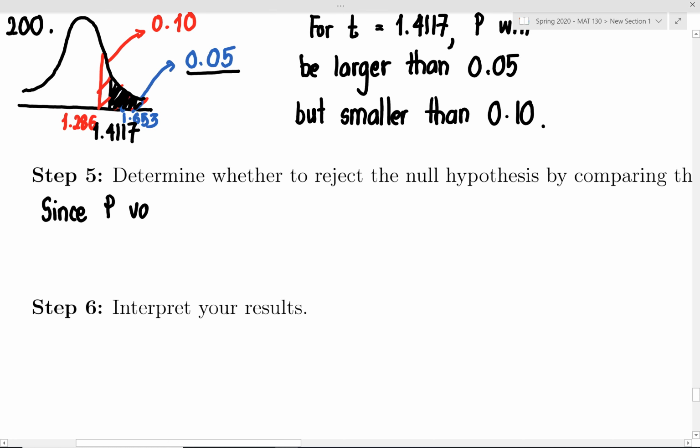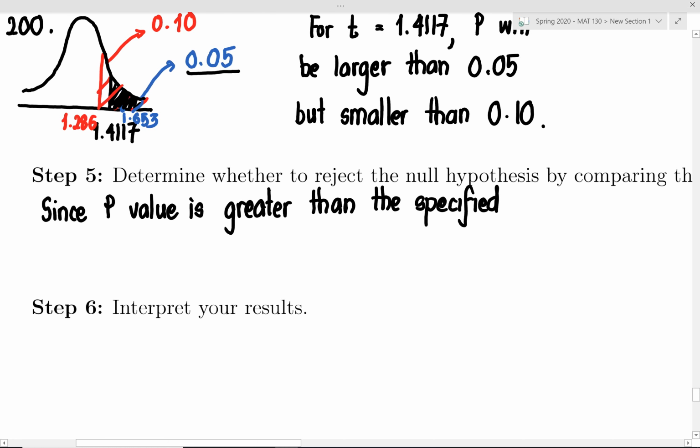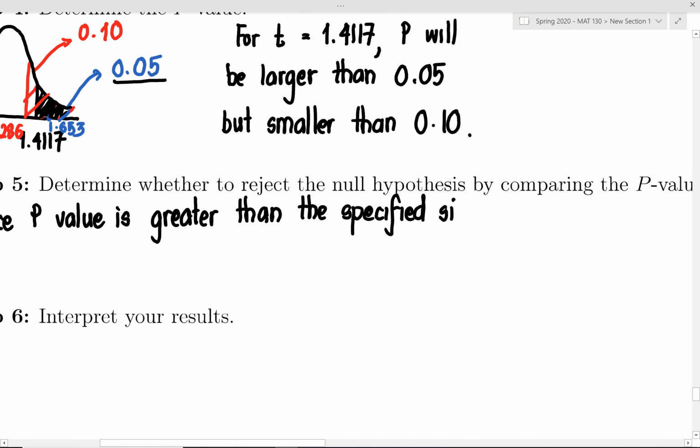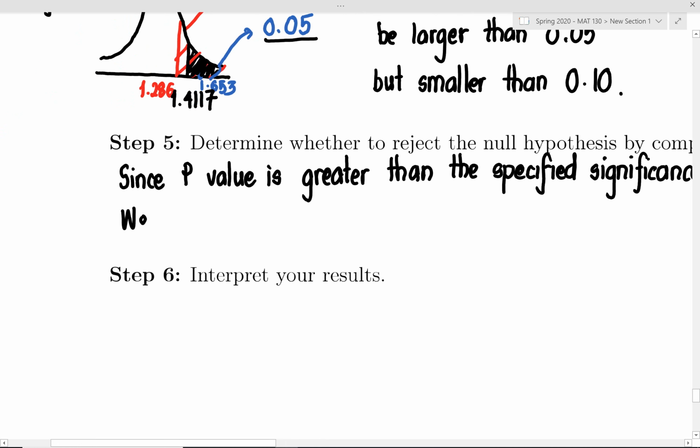Our p-value is greater than the specified significance level, which means we don't reject H0.